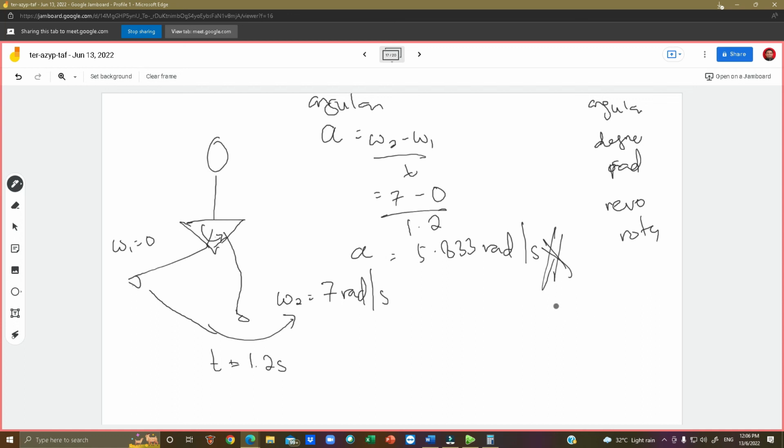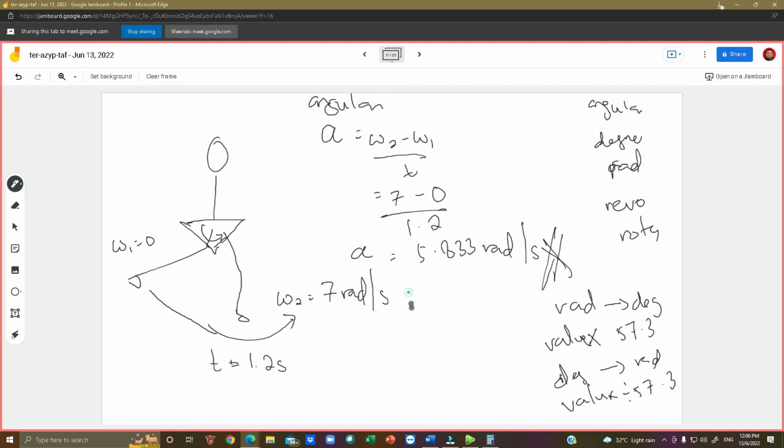Okay, so 5.833 radian per second ni berapa degree? To change radian to degree, value times 57.3. If to change degree to radian, value divide with 57.3. Macam sekarang kita dapat radian, nak jadi degree.